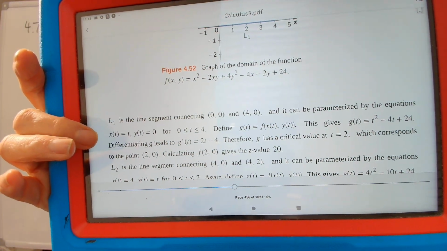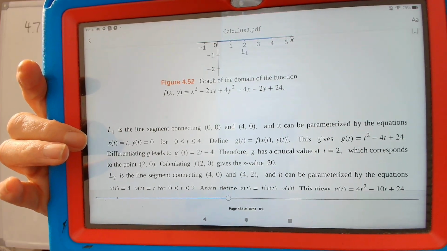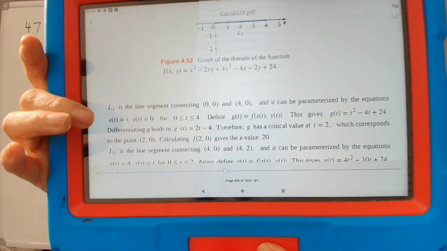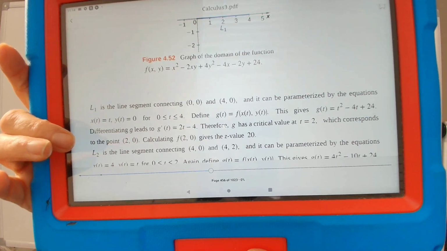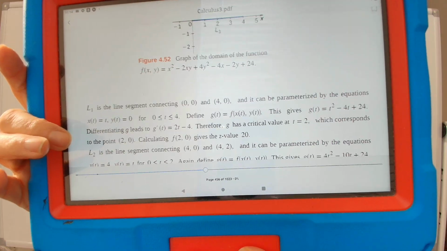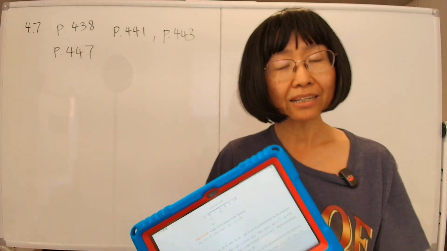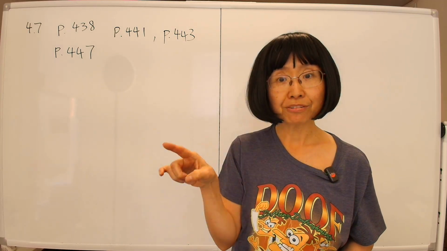Then you plug this x(t) and y(t) into the function f, the original surface, and that gives you a function of this thing along the edge. And then you're going to take the derivative to figure out when this thing has a maximum or minimum, which gives you the value of the maximum or minimum along that boundary alone.